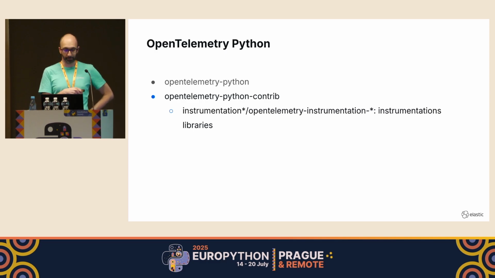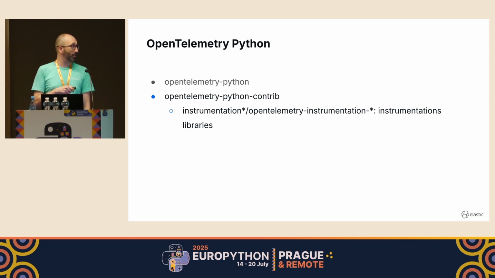Each instrumentation library is packaged separately, so each has its own Python package. Most of them are inside the instrumentation directory, and all instrumentations are called OpenTelemetry instrumentation something.